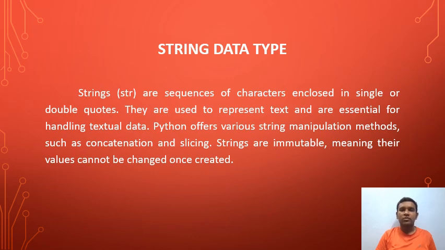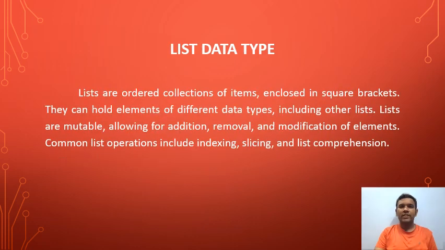Now let us go on to the next data type, that is list data type. Lists are ordered collections of items enclosed in square brackets. They can hold elements of different data types, including other lists. Lists are mutable, allowing for addition, removal, and modification of elements.